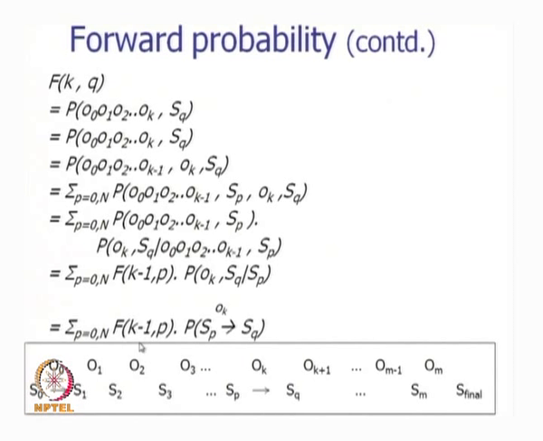The boundary condition for this comes from the initial probability F 0 and P, where O naught is the symbol seen, which is nothing but epsilon, and having seen epsilon, what is the state. So, these are the initial probability values of the states, the probability that the machine is in one of these initial states.